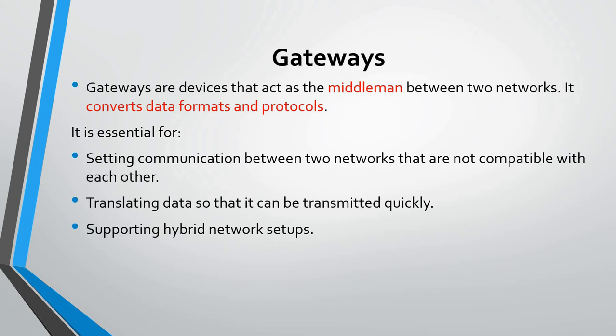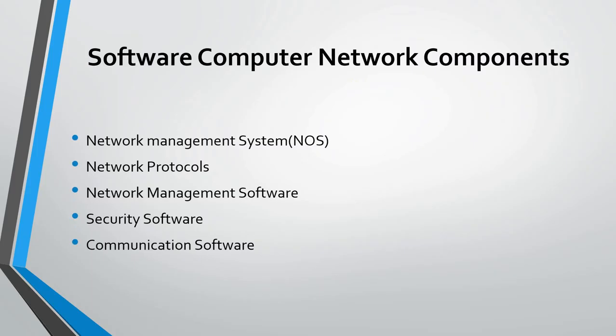The main functionality is that it acts as a protocol converter. So devices using different network architectures or different data formats can communicate with each other. It is one of the hybrid network setups. They are not compatible with each other otherwise. These are all the physical components of a computer network.